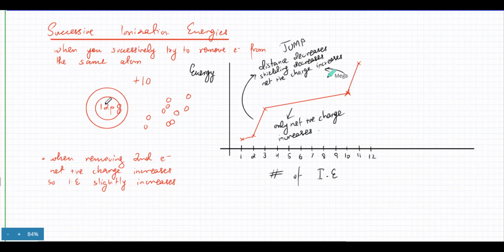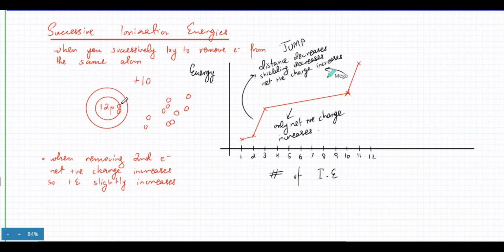Plus, now there's absolutely no shielding, so they're directly attracted to the nucleus, so very, very close to the nucleus. So all of a sudden, the 11th electron would be very hard to remove. And there's going to be very little difference between the 11th and the 12th. So the 12th is going to be just slightly harder to remove because of the net positive charge.